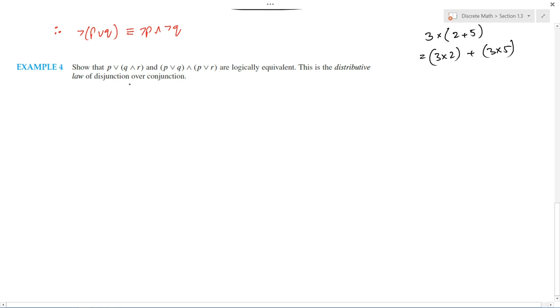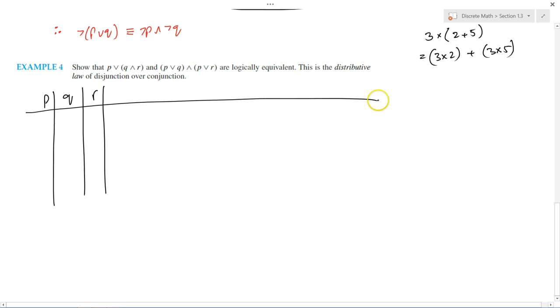To do that, let's build a truth table for 3 variables. We have variable P, another variable Q, and the third variable R, so we've got 3 columns dedicated to those.